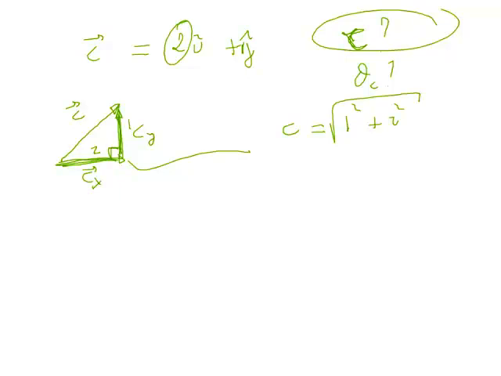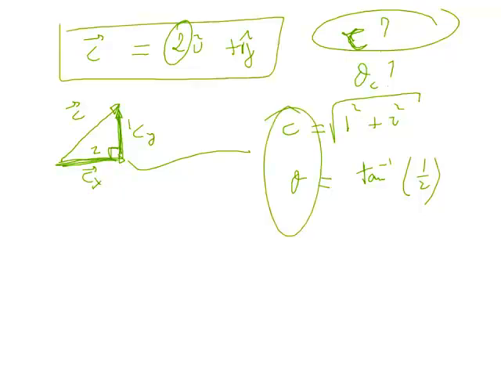Done. And its direction is nothing else but the arctangent of 1 over 2. So those are the two properties of the vector, remember? Magnitude and direction. In component notation, the information is in there, but we need to use the Pythagorean theorem in 2D to extract the information.